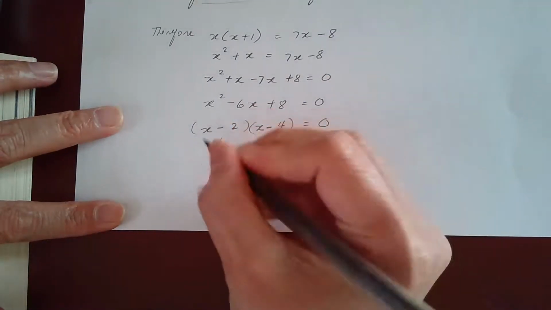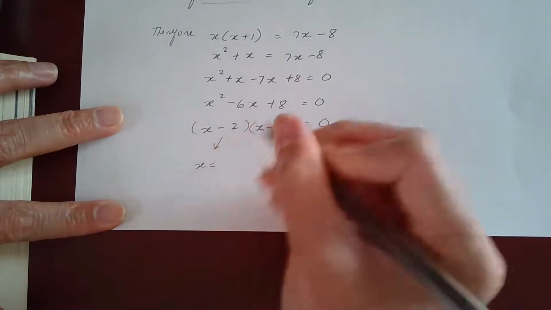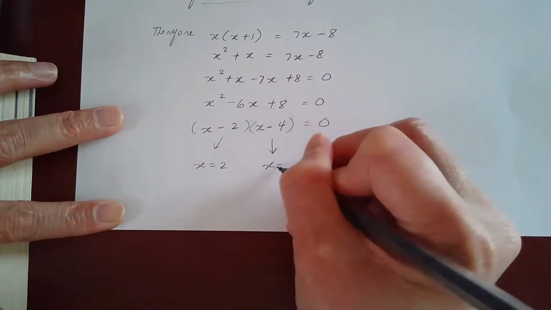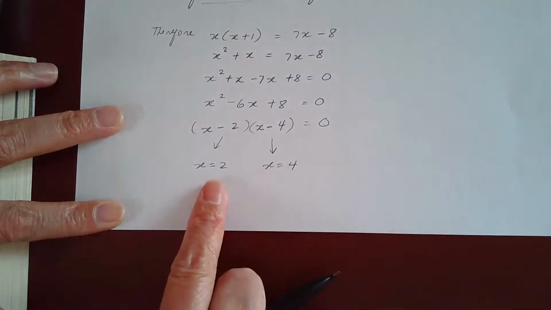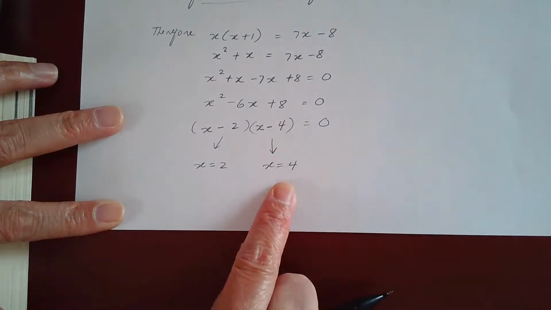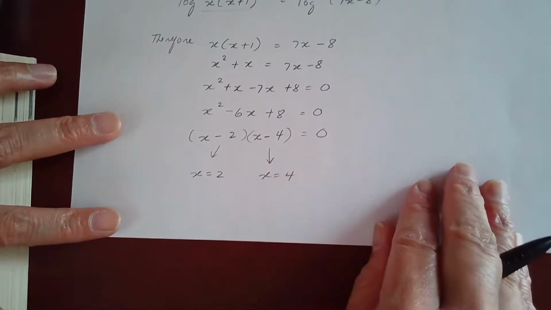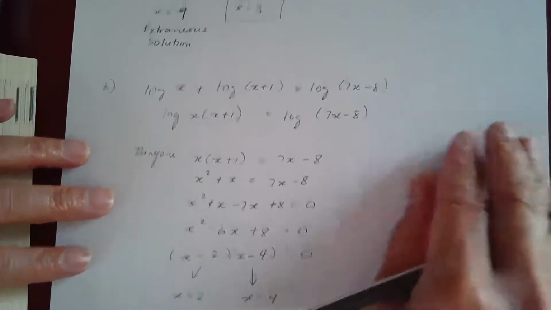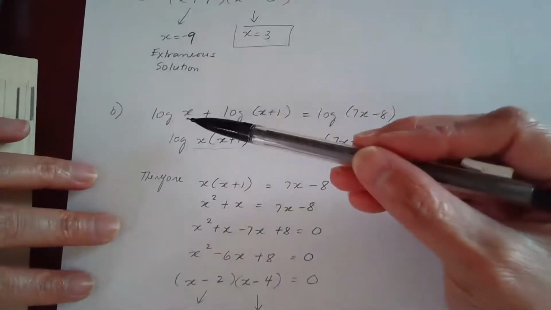So we have two solutions, or at least we think we have two solutions. Okay, so it's either 4 or 2. Now let's see here.